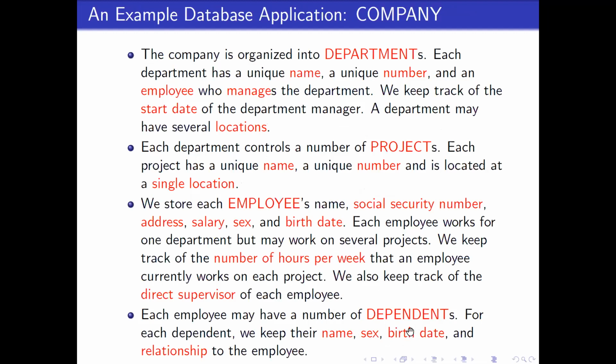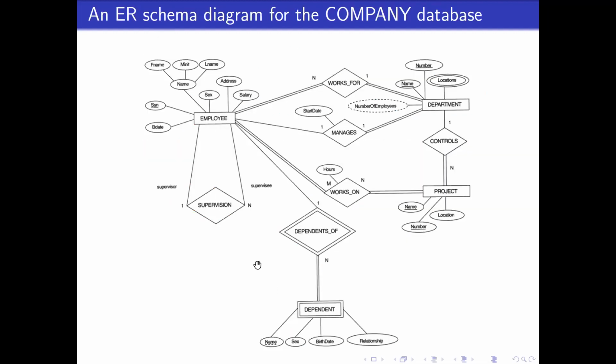And for dependents, you have a number of dependents with the employee, so you have dependent of, and this is dependent. Since this is a weak entity type, this relationship is also weak. We have a double diamond shaped block here.